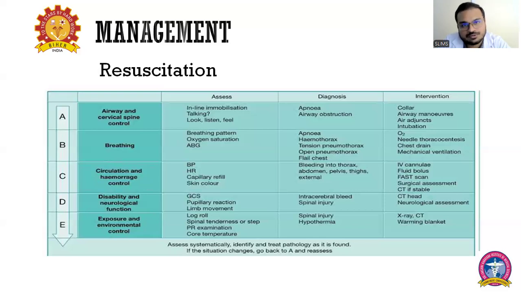thoraco-abdominal or abdominothoracic. If the breathing pattern is thoraco-abdominal for male, it is normal. And if the breathing pattern is abdominothoracic for male, it is normal.